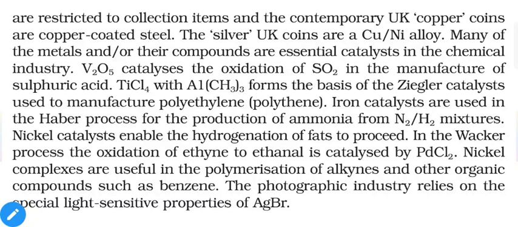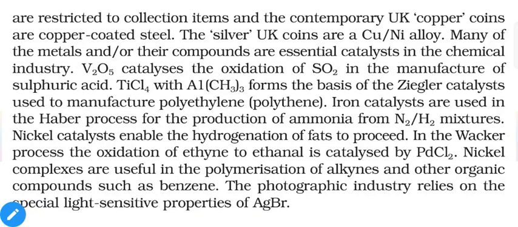Many of the metals and their compounds are essential catalysts in the chemical industry. V2O5 catalyzes the oxidation of SO2 in the manufacture of sulfuric acid. TiCl4 with Al(CH3)3 forms the basis of the Ziegler catalyst used to manufacture polyethylene. Iron catalysts are used in the Haber process for the production of ammonia from an N2 and H2 mixture.